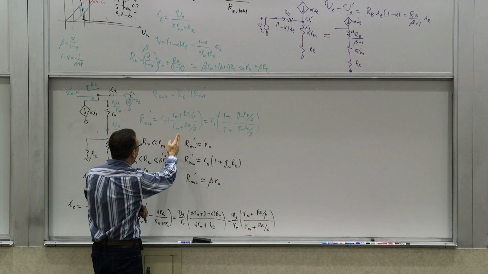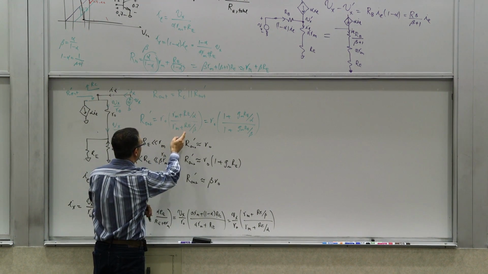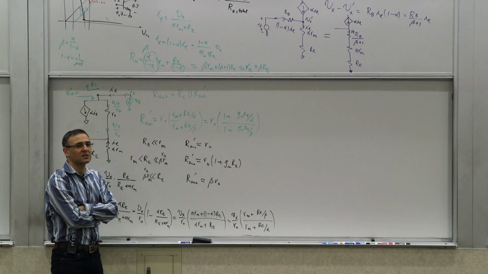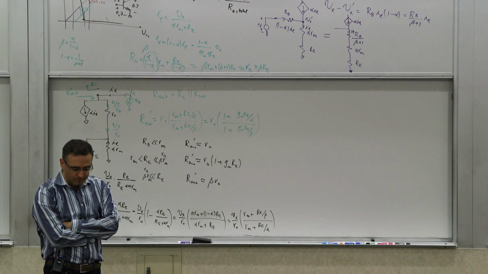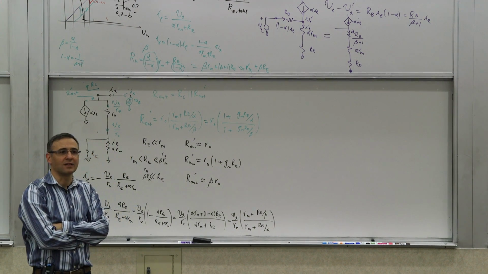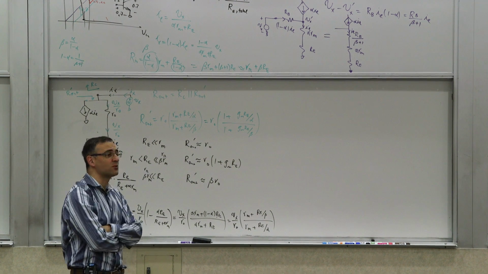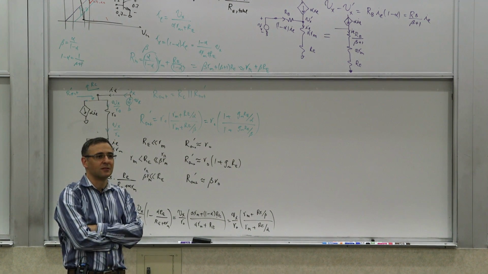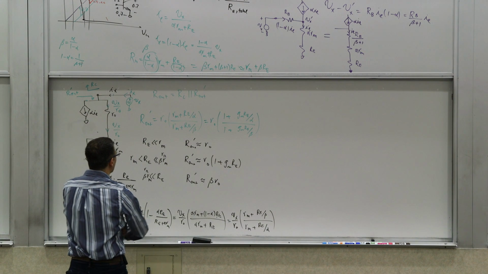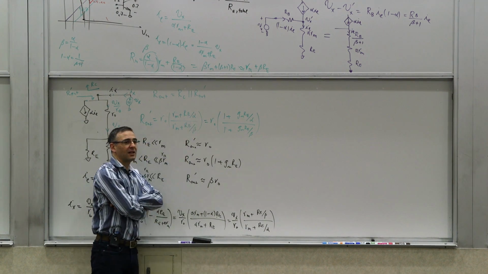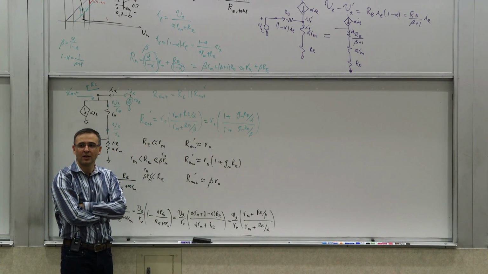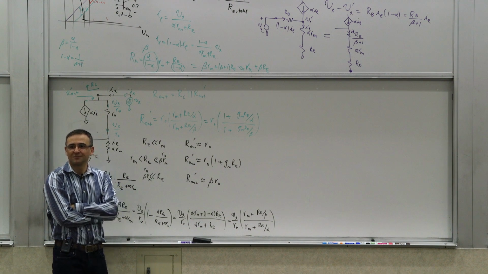All right, so here's the question. What happens in a MOSFET? What do you think would be different in a classic MOSFET? Which one of these terms would be different if you look at it, before we do that explicitly? Well, alpha is what in a classic MOSFET? 1. So alpha is 1, beta is what?